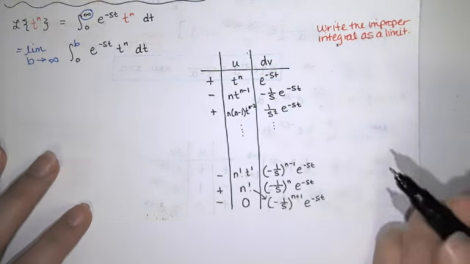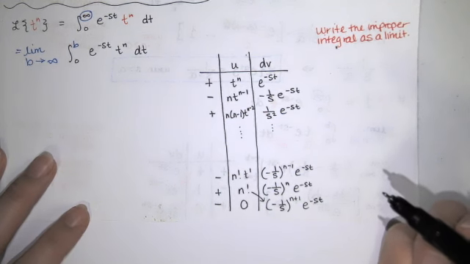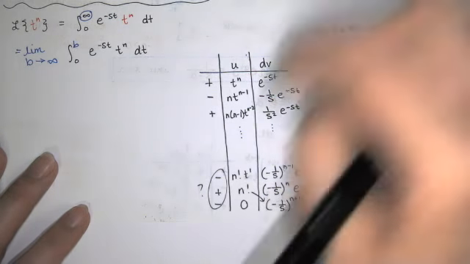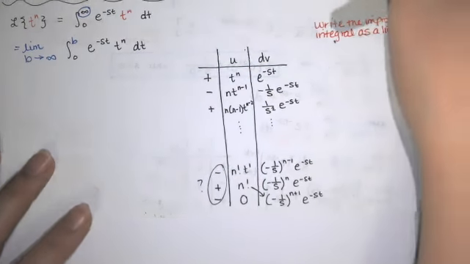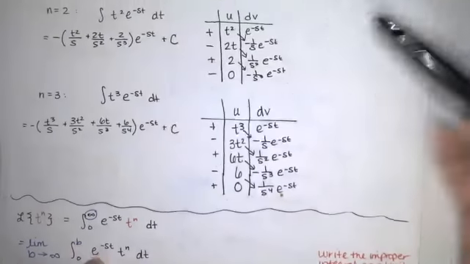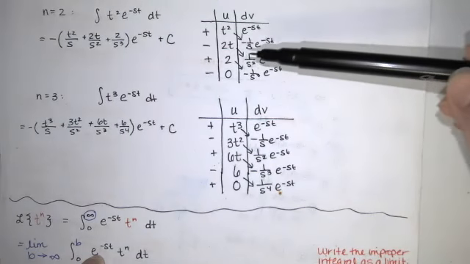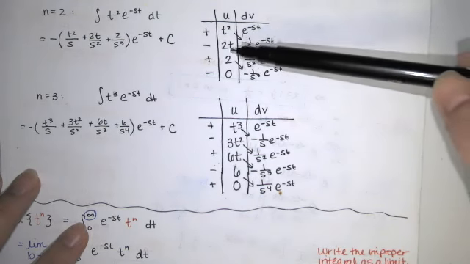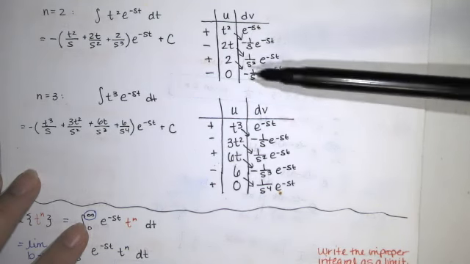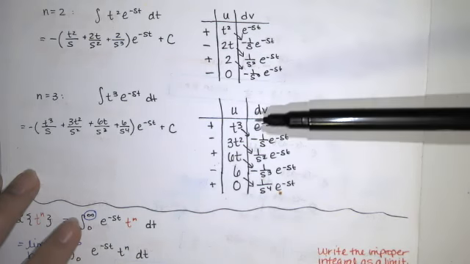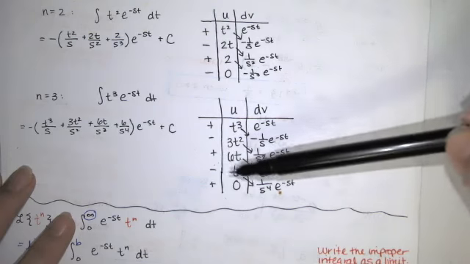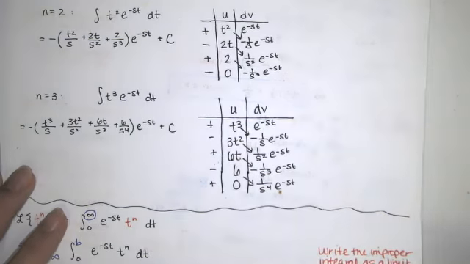And it's always going to look like that. Well, actually, I'm not sure about these signs at the end, because those signs at the end are going to depend on the value of n over here. But notice that for this one, I always end up with negative terms. This times this is negative, this times this is negative, this times this is negative. After we multiply by the signs, the same thing happens here. We've got a negative here, a negative here, a negative here, and a negative here after multiplying by that plus or minus 1.